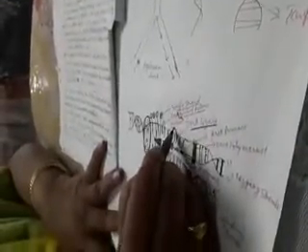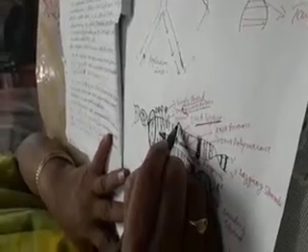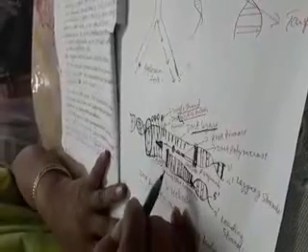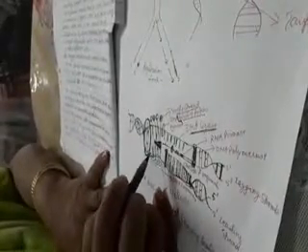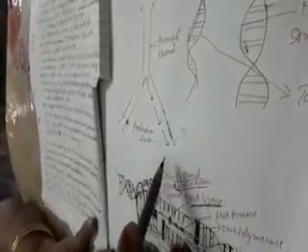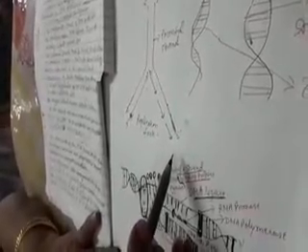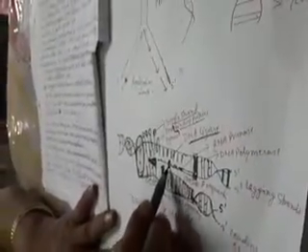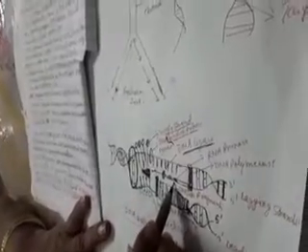An enzyme called primase initiates replication of the strands oriented in 3 to 5 direction. This generates 10 to 60 nucleotides long RNA primer. That means this is RNA primase.